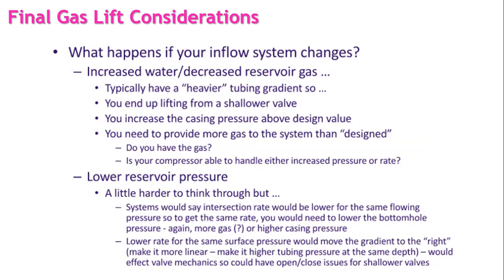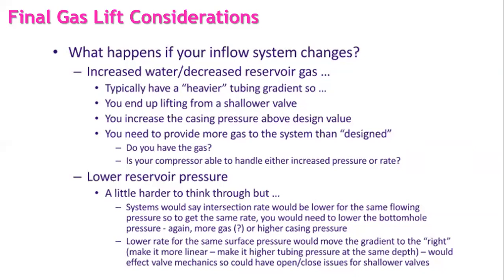We have a system where the rate would be lower at the same flowing pressure. So we need to lower, in this case, the borehole pressure, but it means more gas, or higher casing pressure. Or in the case of lower rate for the same surface pressure, we would have a higher tubing pressure for the same depth.